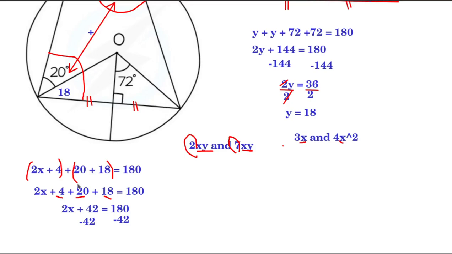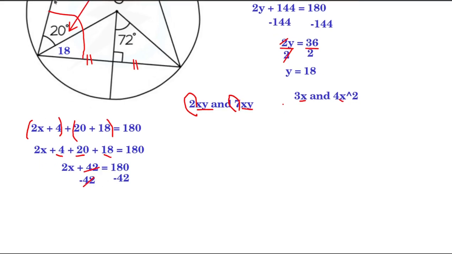The 42s are going to be cancelled out, and then you will be left with 2x being equal to 180 minus 42, it's 138. Then divide both sides by 2 to isolate the x.